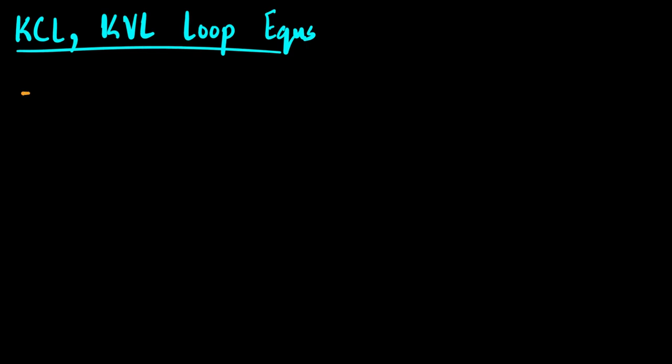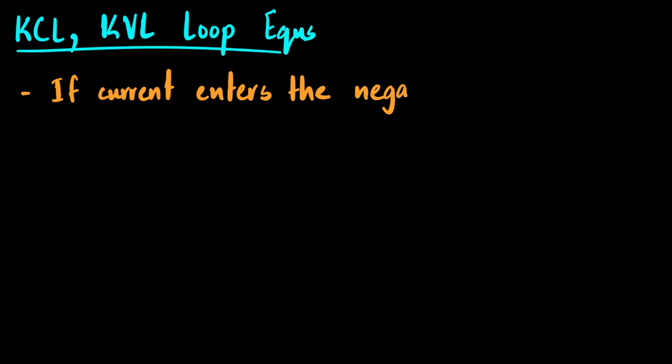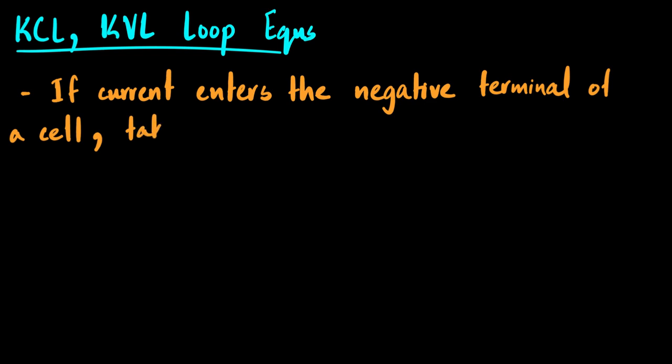The first rule is that if current enters the negative terminal of a cell, take that cell's EMF as positive and vice versa.